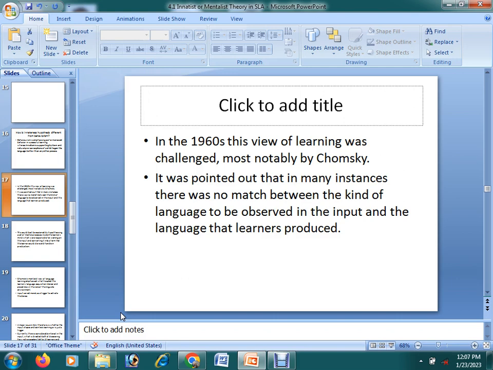What is the portion? That is the input will be there. In the second class most probably we have talked about input. Input plays a vital role. So innatist theory or nativist theory says that no, input should be there. So what would be the role of input in innatist theory?